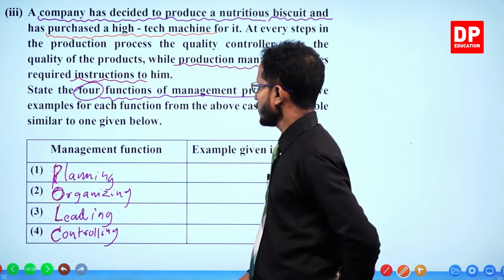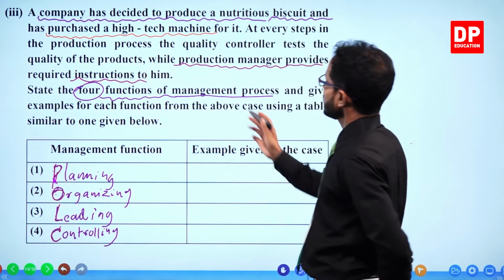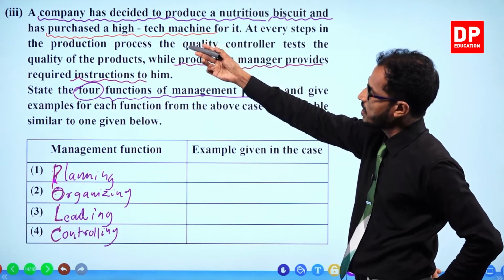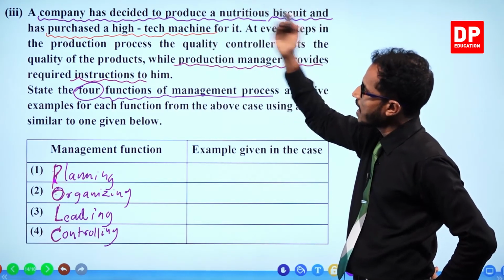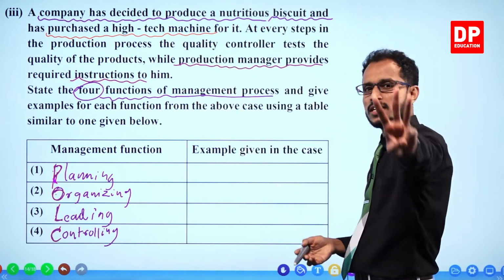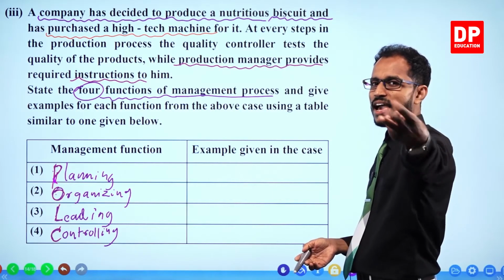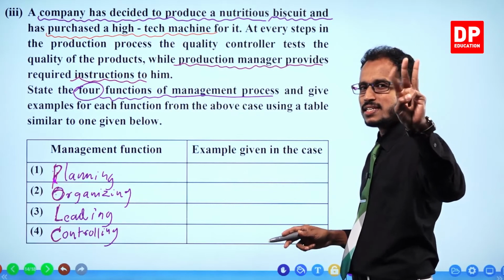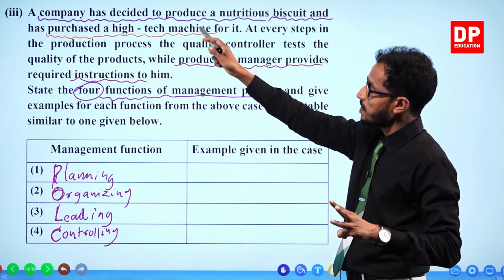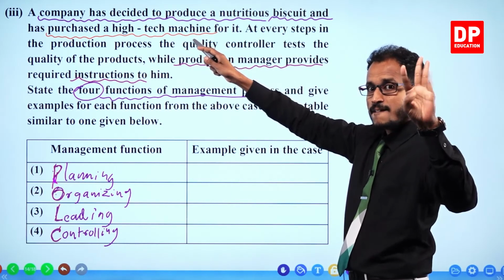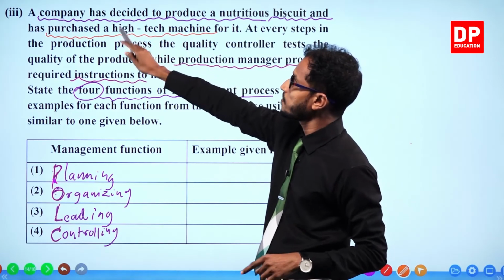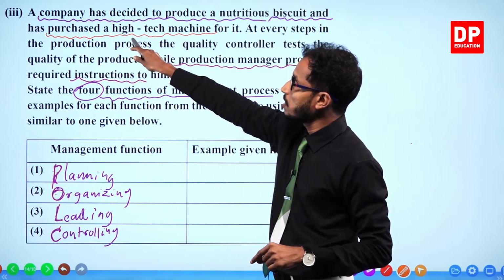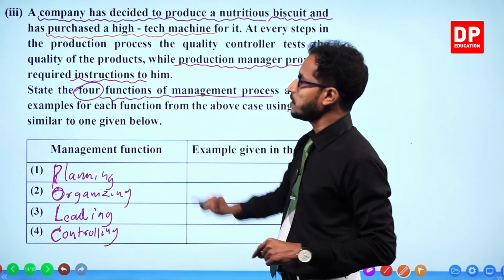Yeah. Anyway, examples given in the case. For planning, I actually underlined with 3 colors. Tell me which color I have used for planning. I have underlined 3 incidents in the case, 3 sentences in the case. I have used 3 colors: purple, orange, pink.